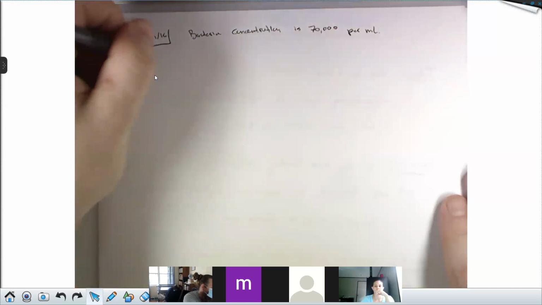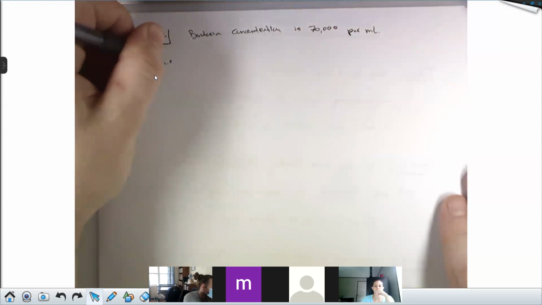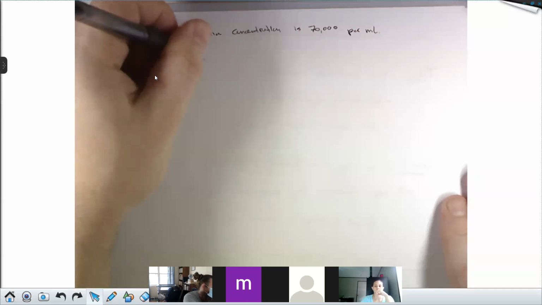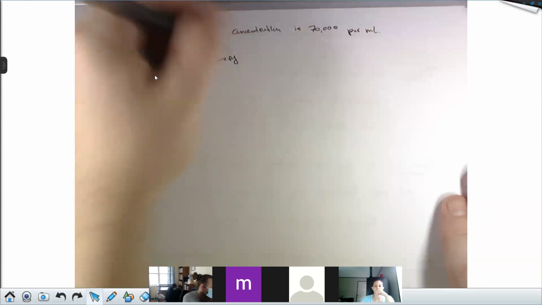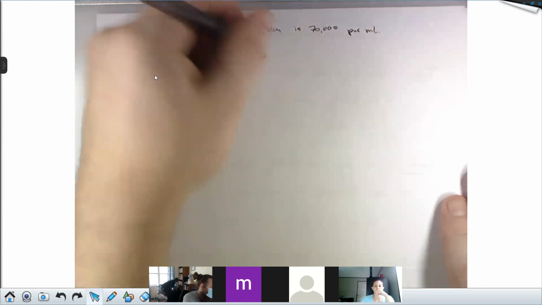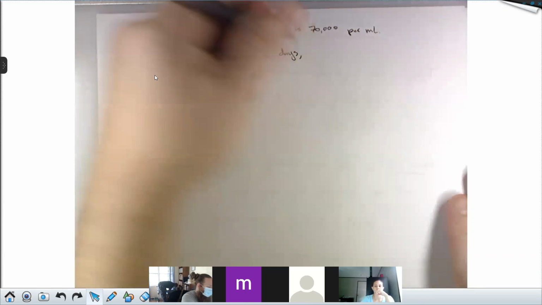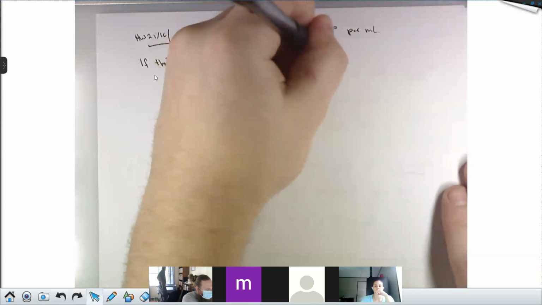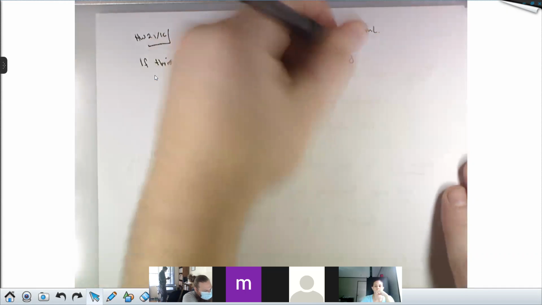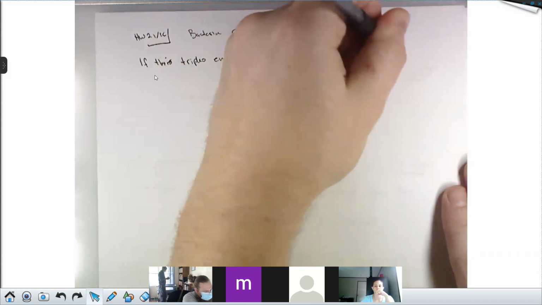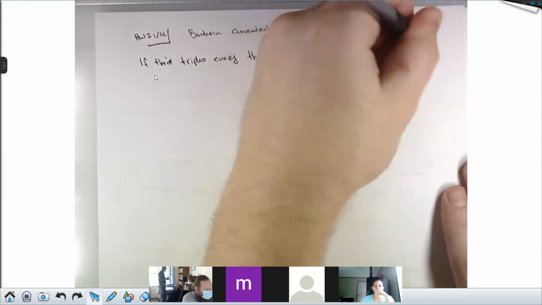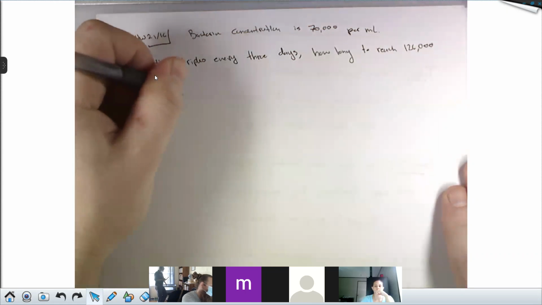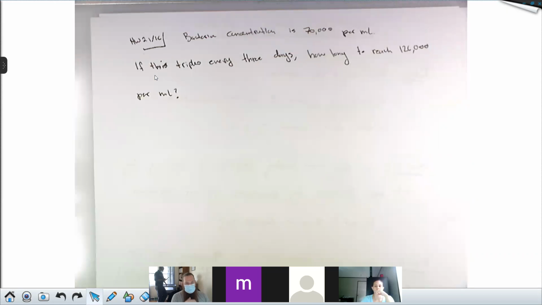If this triples, this meaning the concentration, if this triples every 3 days, then how long will it take for the concentration to reach 126,000 per milliliter? All right.